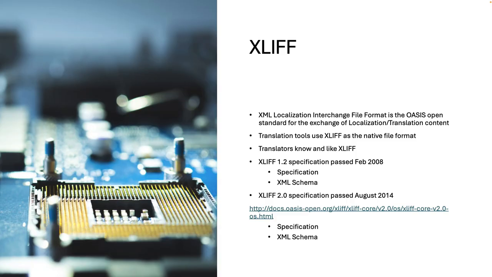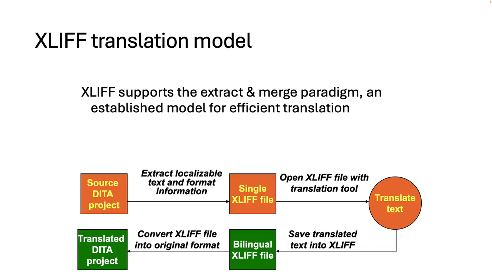So how does XLIF work? It has a translation model that it follows. It supports the extract and merge paradigm, an established model for efficient translation. So we start with our source DITA project. We extract the localizable text and format information into a single XLIF file.